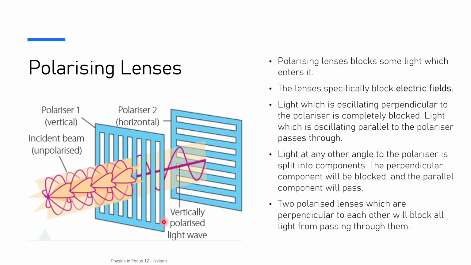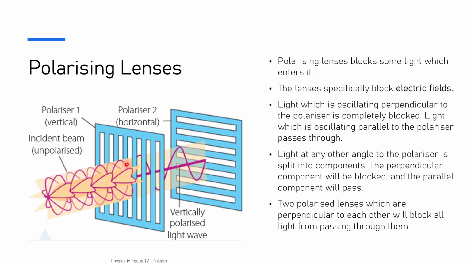And because the electric field isn't passing through the lens, then the magnetic field, which would be moving parallel to the lens, wouldn't pass through either. However, if you had some electric field that was moving directly parallel with the polarizer, that would freely pass through. And once it gets through, then the magnetic field on the other side would start oscillating horizontally.